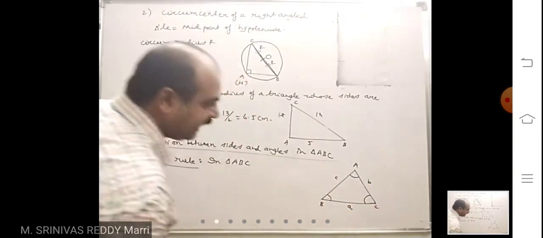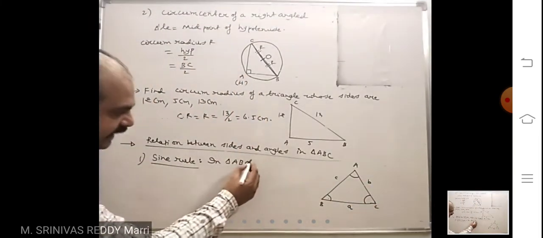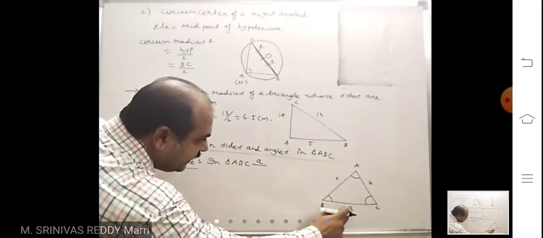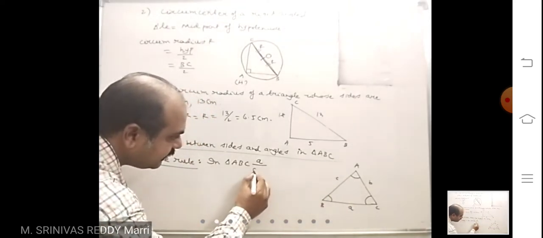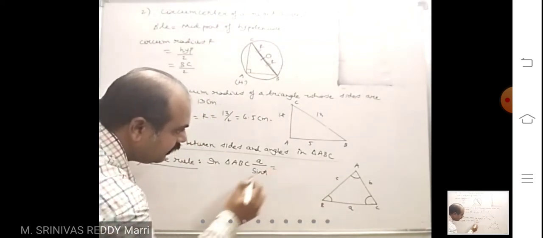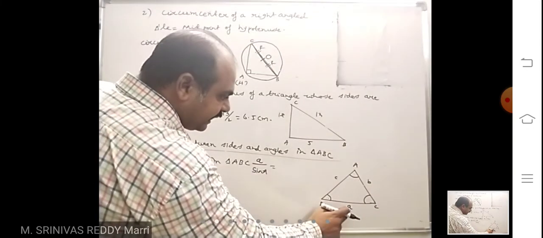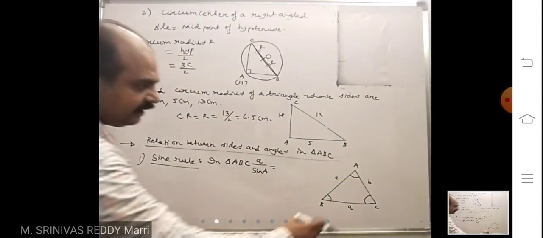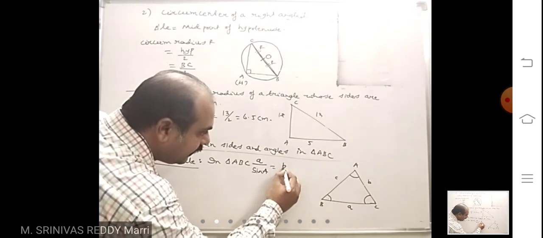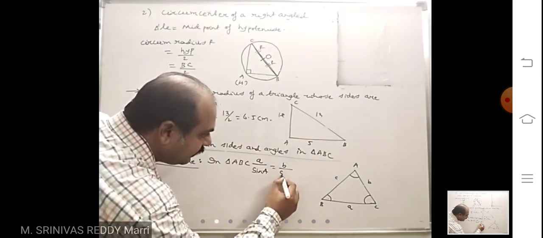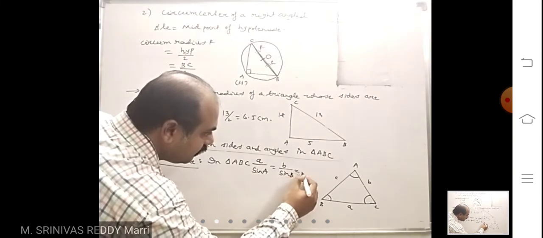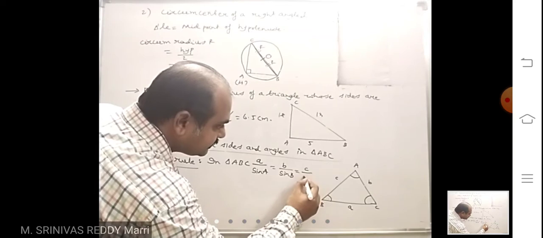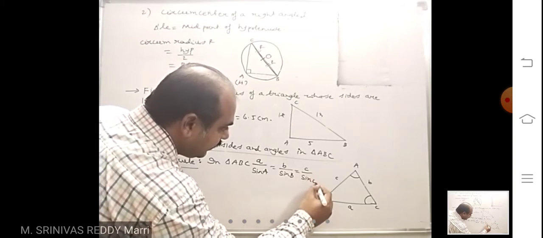If these are angle A, angle B, angle C in triangle ABC, the sine rule states: this side length divided by sine of the opposite angle, that means a divided by sin A, is equal to another side length b divided by sine of the opposite angle, equal to another length c divided by sine of the opposite angle.